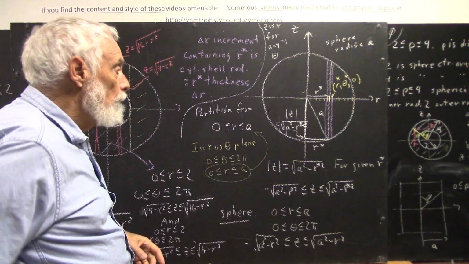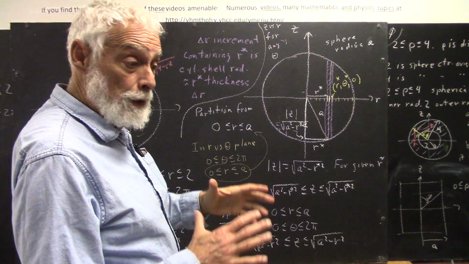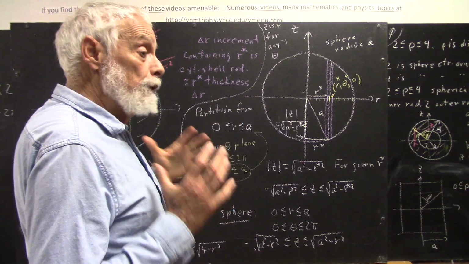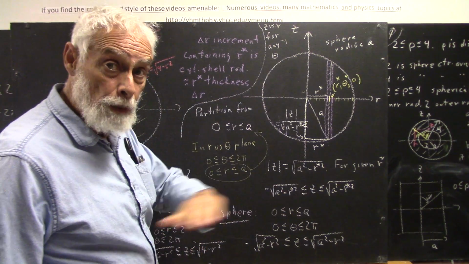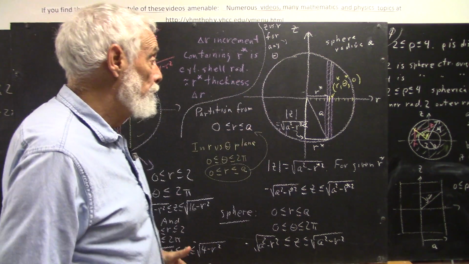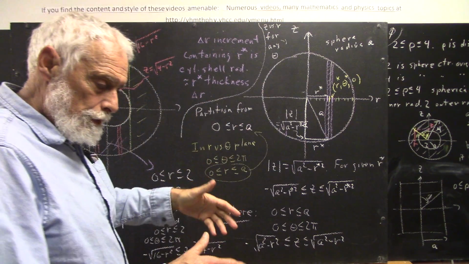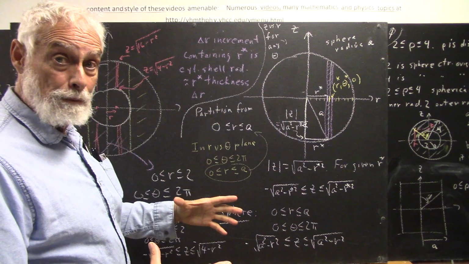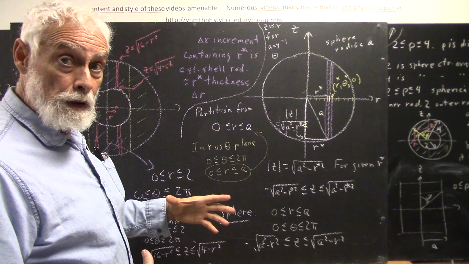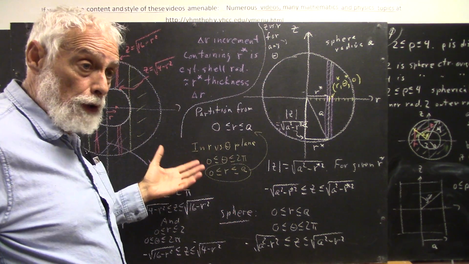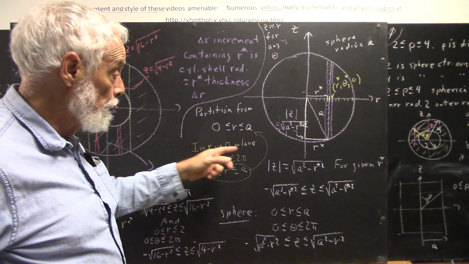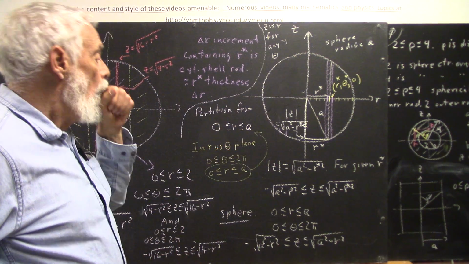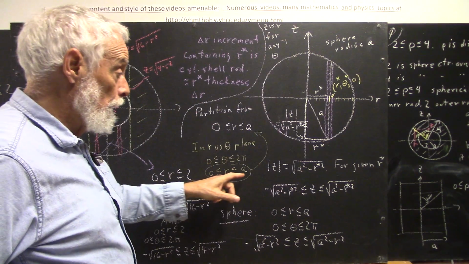It should be clear that in the r theta plane, where z equals 0, the sphere occupies the circle of radius A. And that circle can be described, as we know from polar coordinates, by 0 less than or equal to theta less than or equal to 2 pi, and 0 less than or equal to r less than or equal to A.